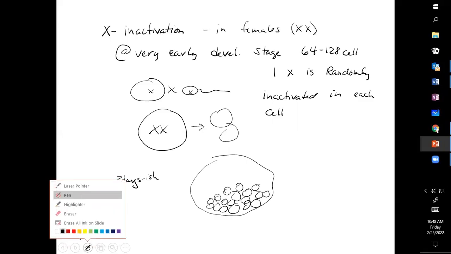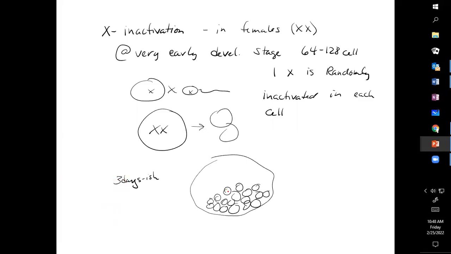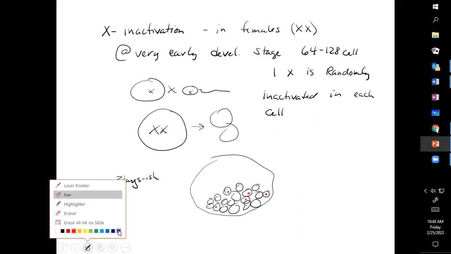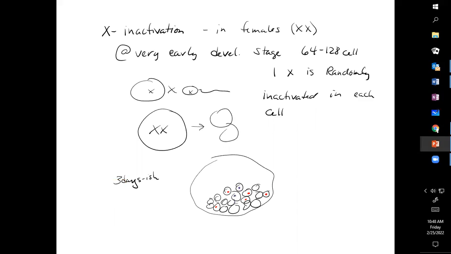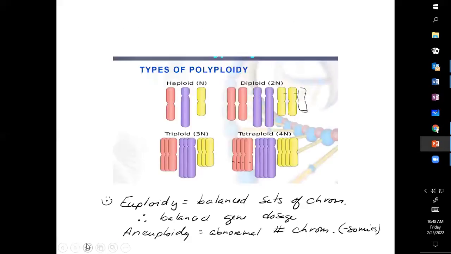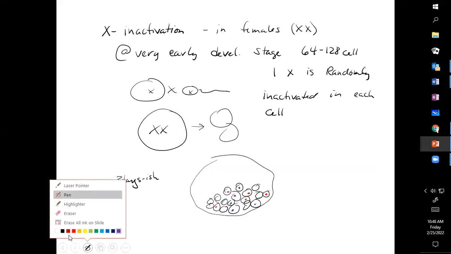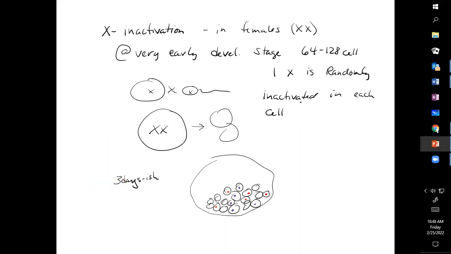Let's say in this one, the paternal X is inactivated. And let's say in these ones, the maternal X is inactivated. The inactivation process actually occurs by hypercondensation of the X chromosome.